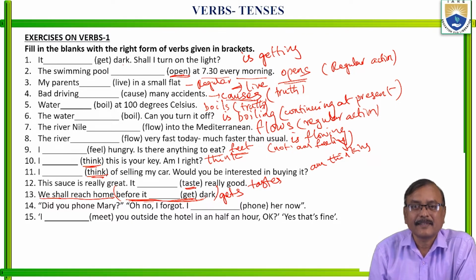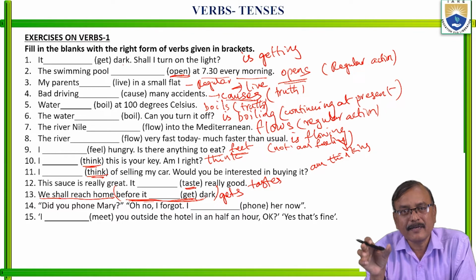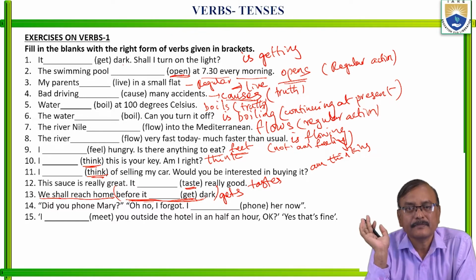Say, when you come, I'll give. So, when you come to my house is the subordinate clause, and I'll give you a chocolate is the main clause. In the main clause only we can use simple future, whereas in a subordinate clause we can't. Instead, we can use only simple present tense.